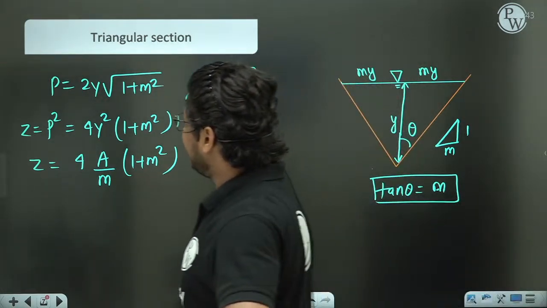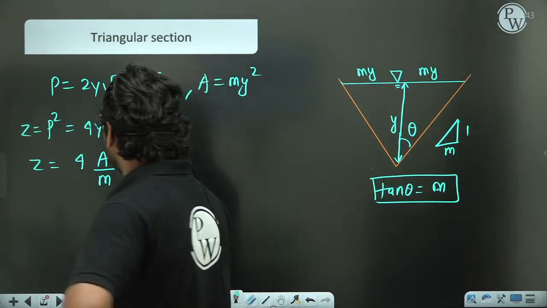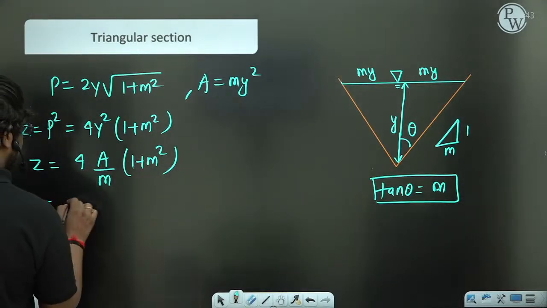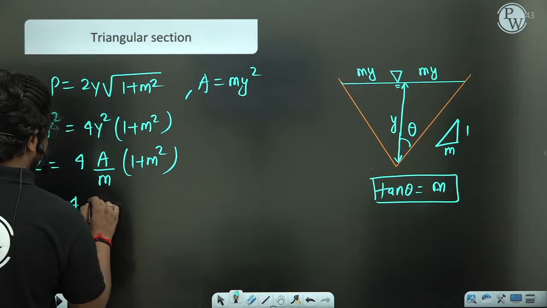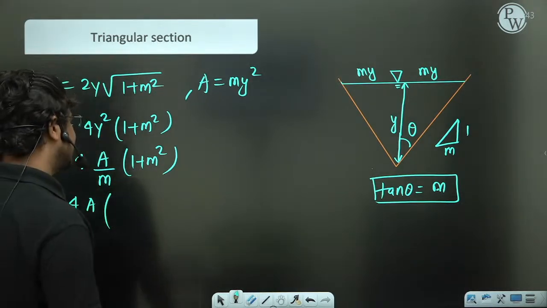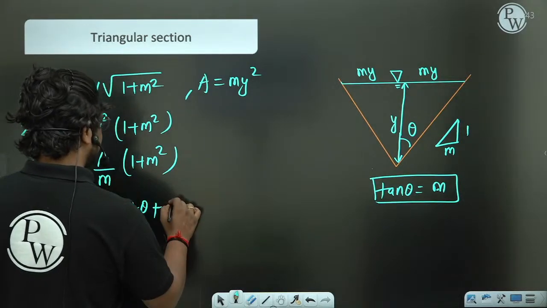So we are finding the minima condition for z. So z equal to 4A by m, 1 plus m square. Keep that A only. m is nothing but tan theta, so 1 by tan theta is basically cot theta, plus m, so it will be tan theta.